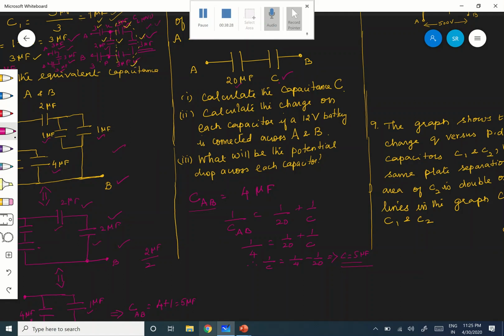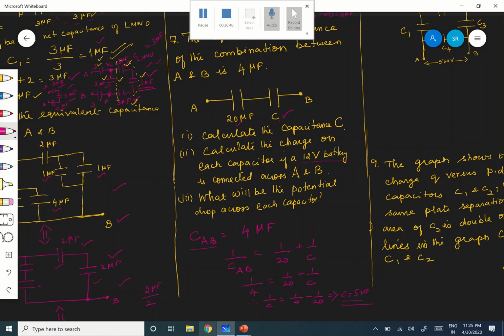Calculate the charge on each capacitor if a 12 volt battery is connected across A and B. Across A and B, what is the voltage? 12 volt, it is given.